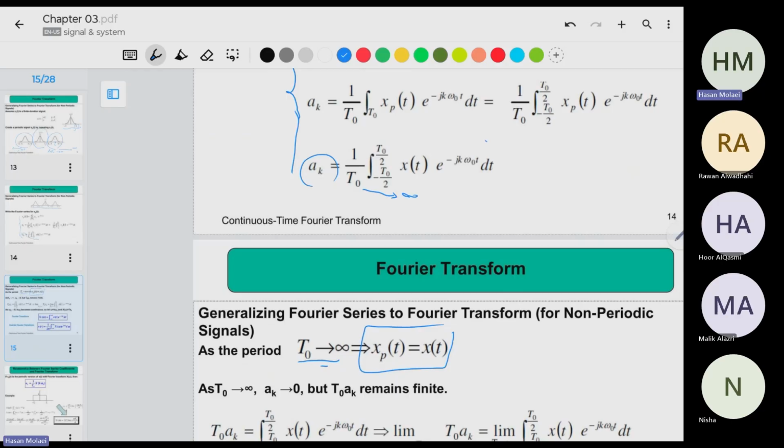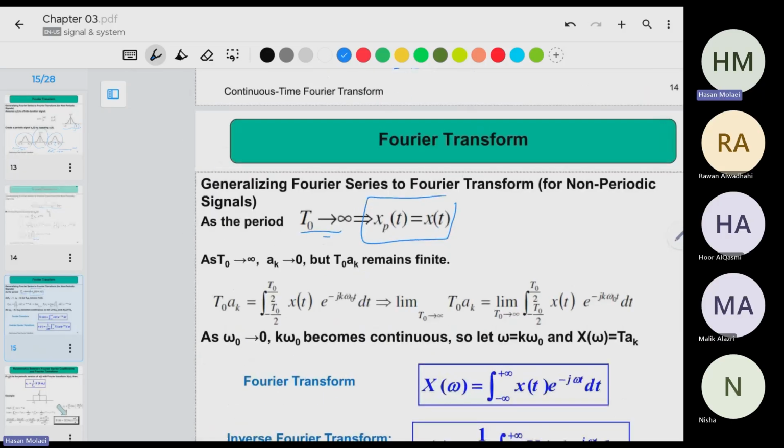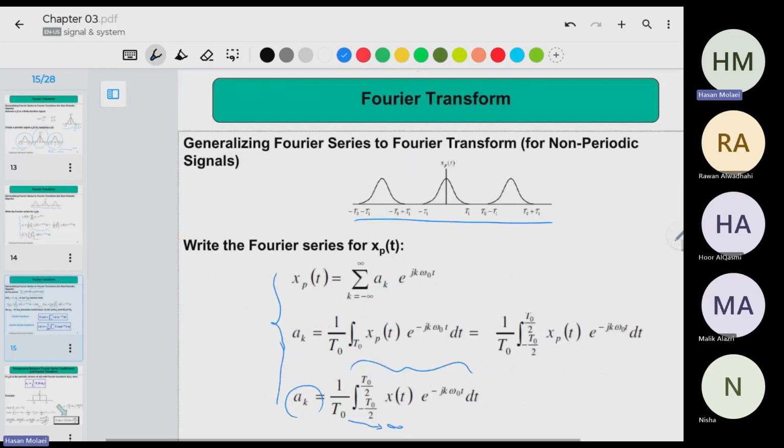But this integral is not 0 because we have x(t). We know a_k approaches 0, but this value won't be 0. Why? Because of this side. Because we have x(t), we know this integral is not 0.